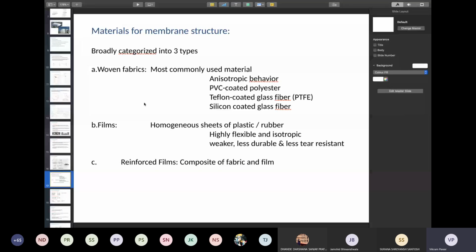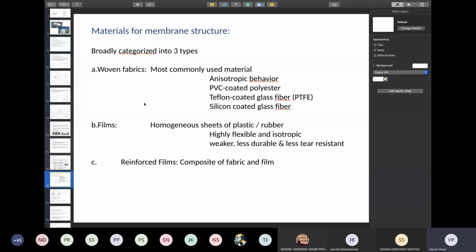The other ones are reinforced films. So it is a combination of fabric and films where the plastic or rubber film is reinforced. If you go into the market and have seen these tarpaulins, there are black plastic sheets which are continuous.